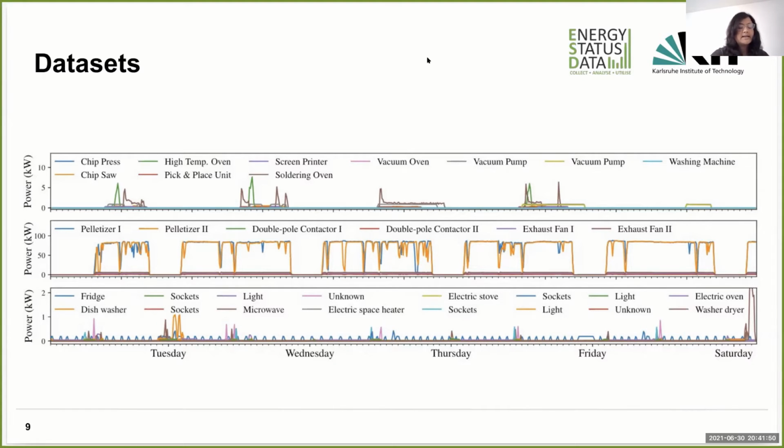And you can clearly see the cyclic pattern present in IMDELE and REDD data. However, it is not available in the HYPE data. I think that is because the machines used in HYPE data are different from the other machines used in the industrial dataset.